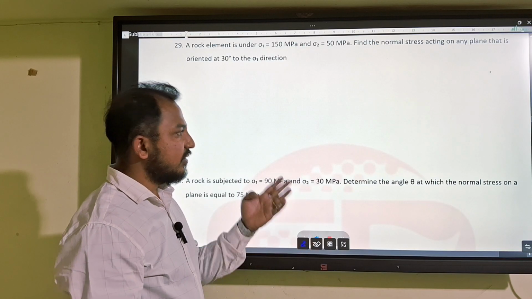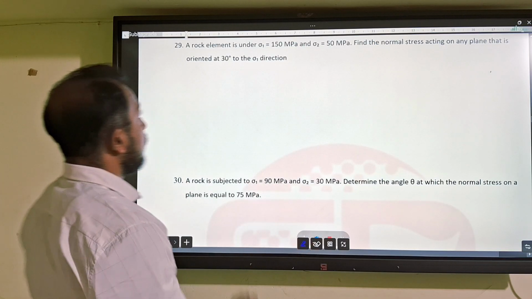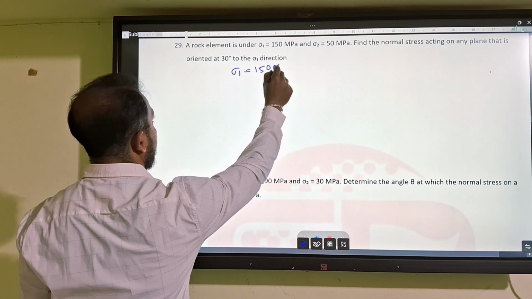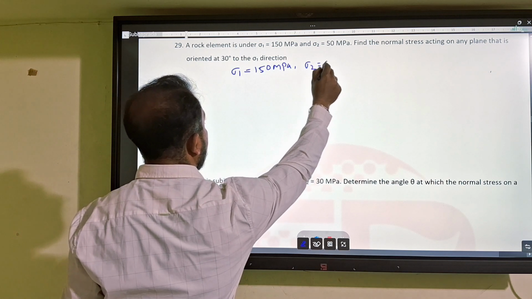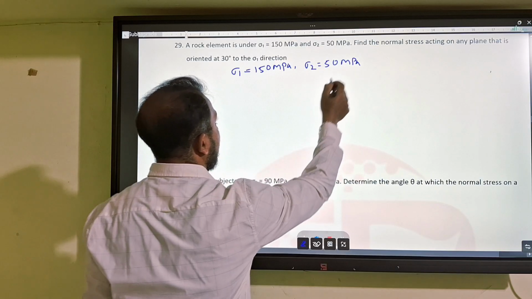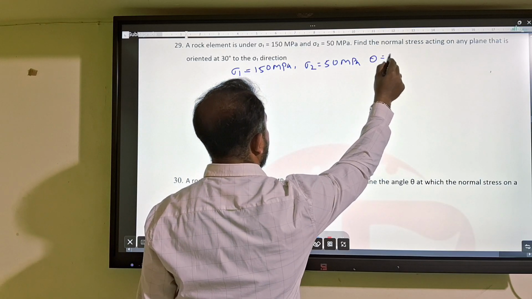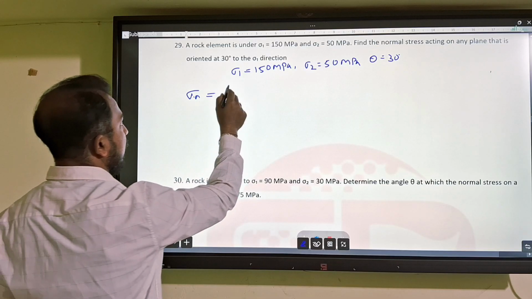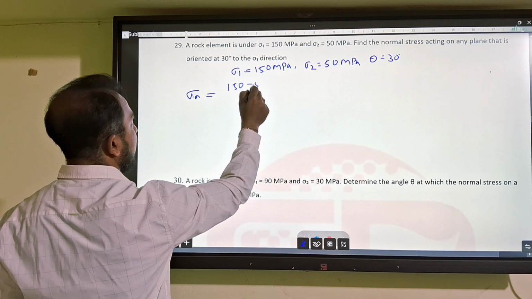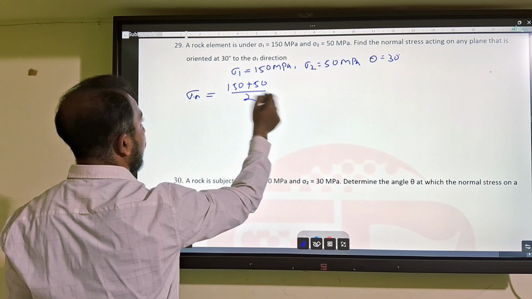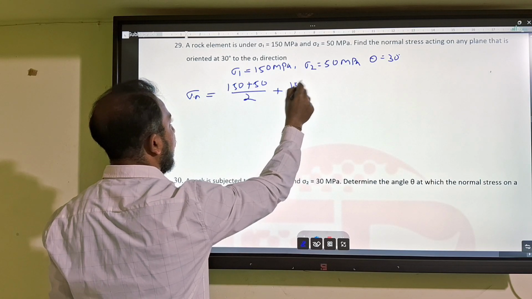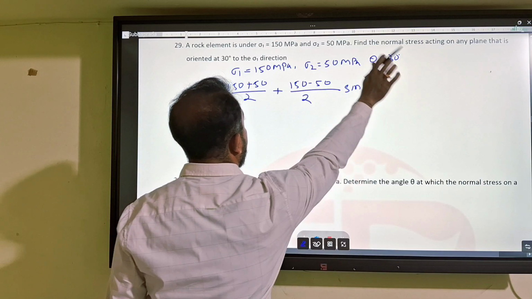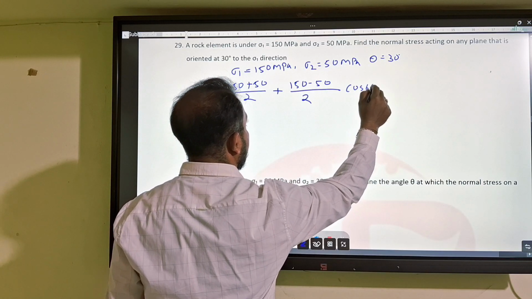Next, similar type of question. These are for your practice. So rock element under sigma 1 is 150 MPa, then sigma 2 is given 50 MPa, then theta is given 30. Sigma n will be, directly put this thing, (150 plus 50) divided by 2 plus (150 minus 50) divided by 2 into cos 60, since theta is 30.